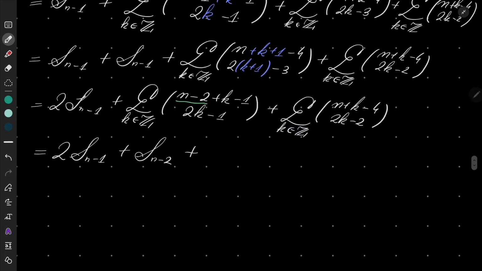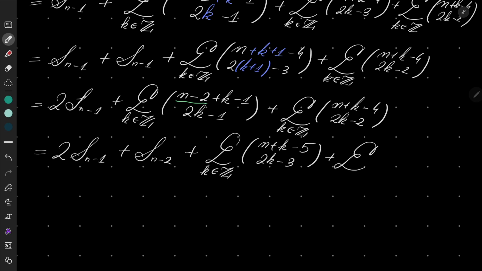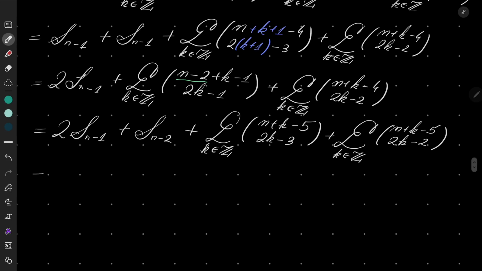And what will I do now? I will do it again. I will take my sum and I will use recursion. So I have (n plus k minus 5, 2k minus 3) plus a sum over integers, (n plus k minus 5, 2k minus 2). So I have 2 times s of n minus 1, s of n minus 2.